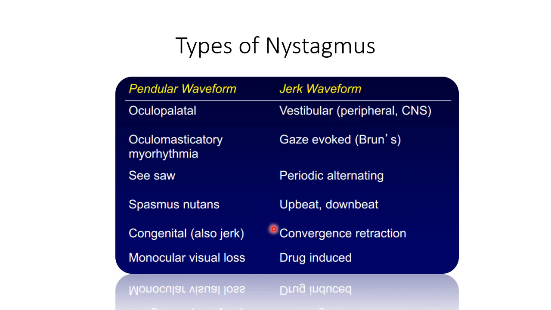And then also you can have convergence retraction nystagmus as well as drug-induced nystagmus. And these are typically gaze-evoked in nature. So the nystagmus, the fast phase, alternates between the two sides. If the person looks to the right, the nystagmus will be to the right. If the person looks to the left, the nystagmus will be to the left.